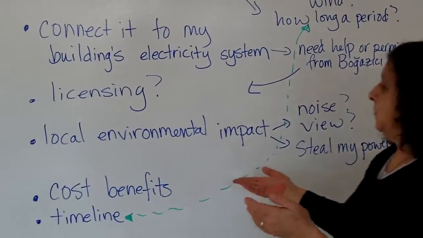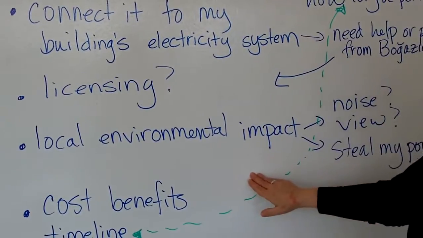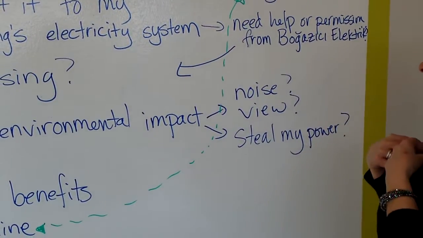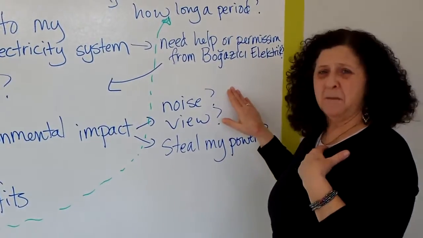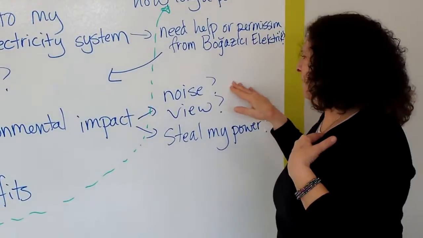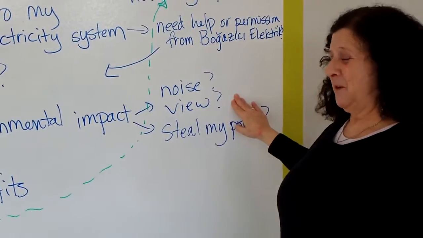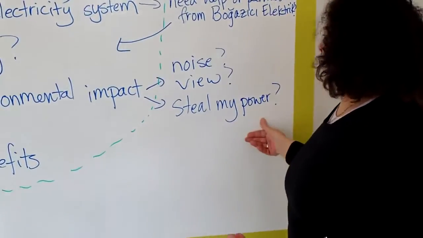Something else that probably would be important to think about is the local environmental impact. How would a wind turbine on my house affect my neighbors and my neighborhood? Is it going to make too much noise for them? Will some people have problems because now they have something really tall blocking their view of the Bosphorus?